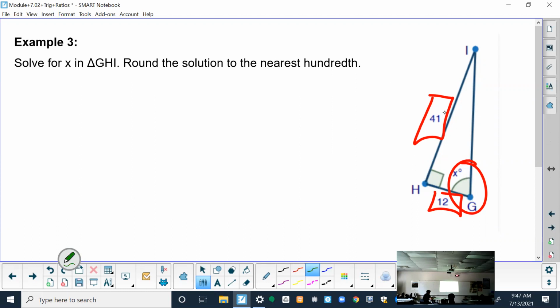So what side is the side that's labeled 41? It's not adjacent, because adjacent would be right next to the angle. So right now it is actually opposite or hypotenuse.